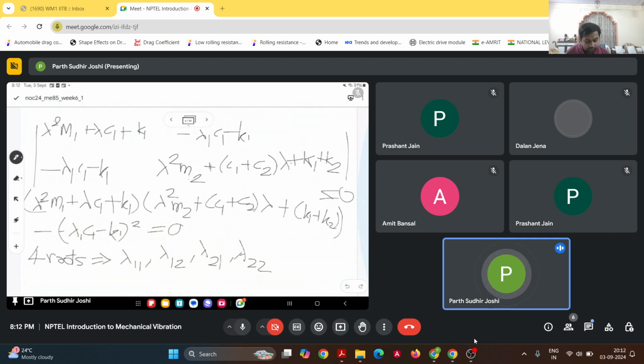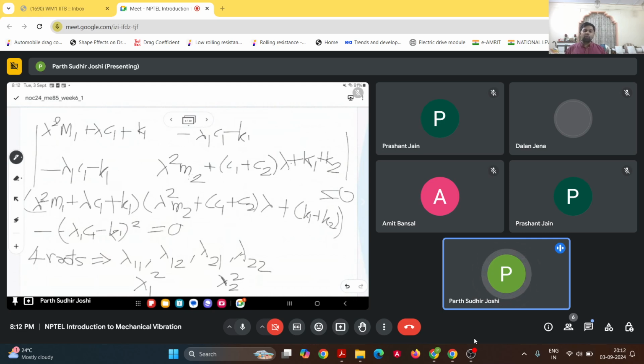So lambda 1 1 and lambda 1 2 will be complex conjugates, and let us say lambda 1 square and lambda 2 square are the two eigenvalues which correspond to the natural frequencies of this system.